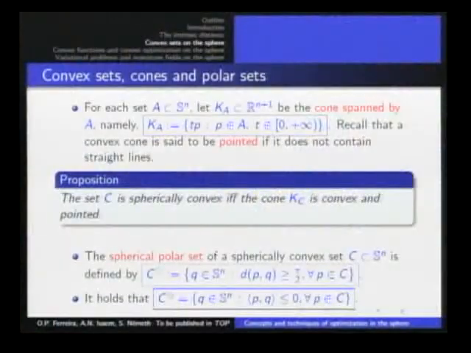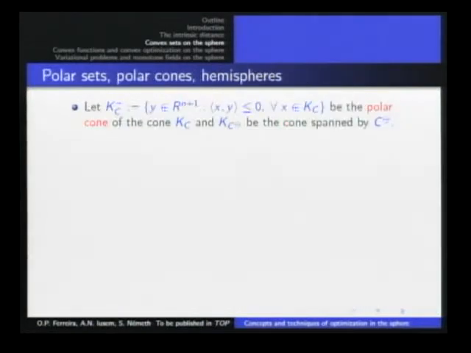And you could do this in other manifolds, because this will lead to a dual problem. The polar set is precisely the points which make an obtuse angle with all the points in the given set. This is the polar.